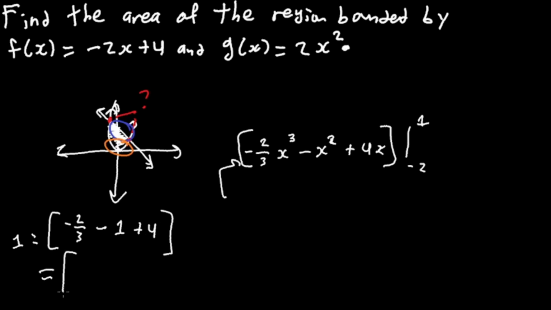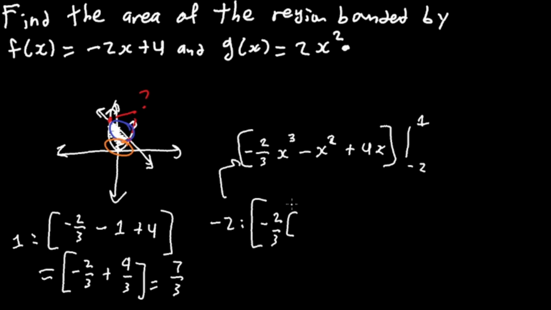So this becomes negative 2/3 plus 3, and 3 is 9/3, which is just 7/3.